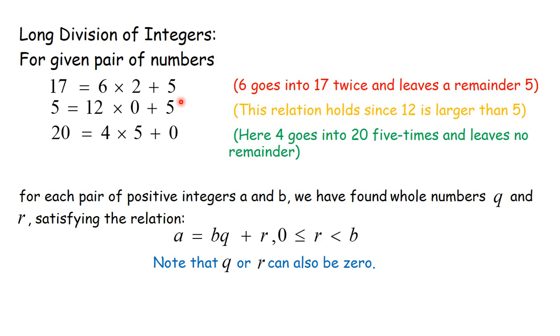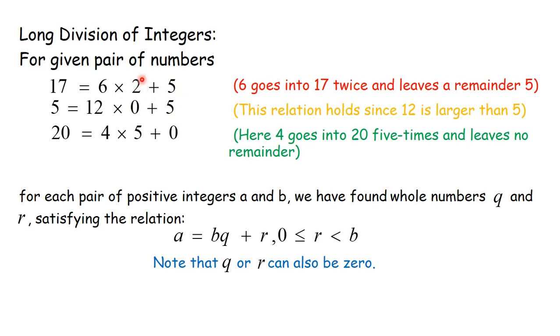We have seen in class 9 the division algorithm as dividend is equal to divisor into quotient plus remainder. So here quotient and remainder can be whole numbers.